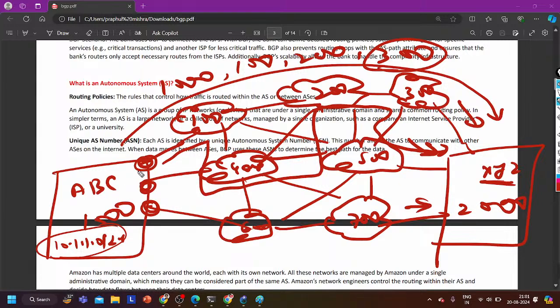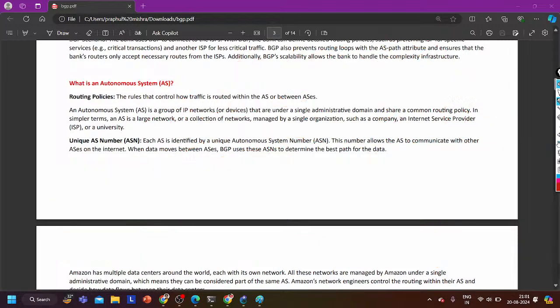Via the upper path, there are three different ASs, meaning routes are coming from three different ASs. From the lower path, routes are coming from 5 ASs. And the lower AS count is preferred, best. This is the default behavior, right?